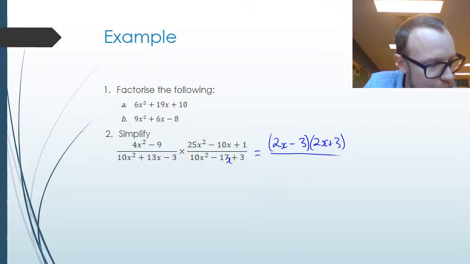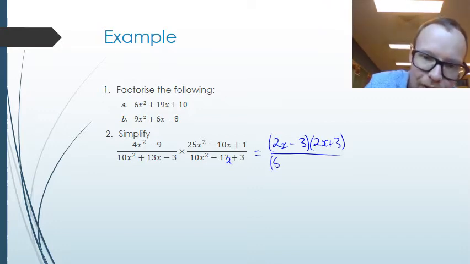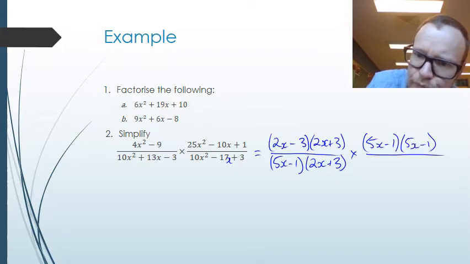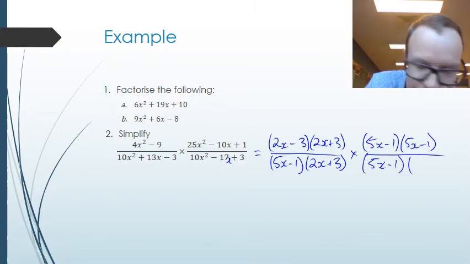And then on the bottom, we've got our 5x minus 1 times 2x plus 3. For the top over here, we've got 5x minus 1 times 5x minus 1. And then on the bottom over here, we've got 5x minus 1 times 2x minus 3.